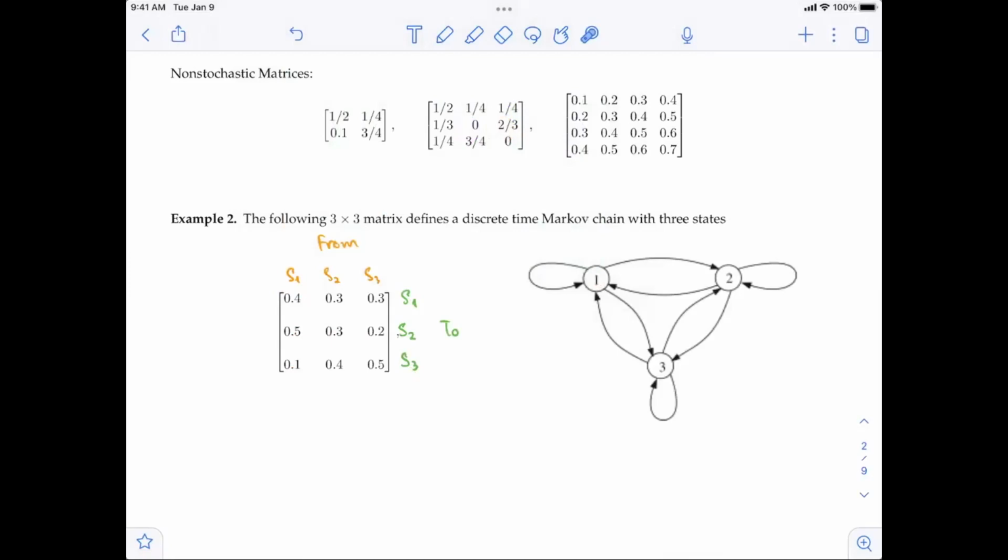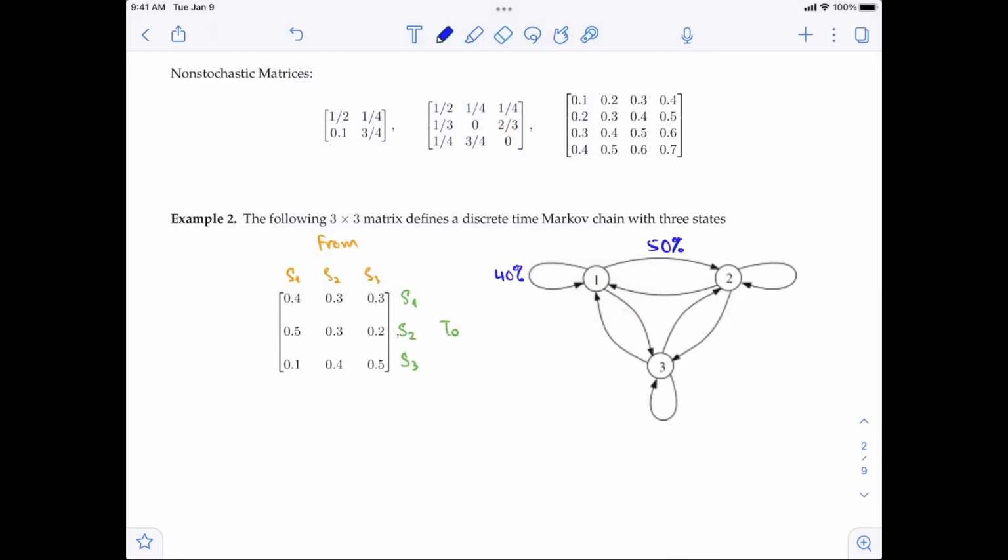Now we are going to map these numbers to the schematic. The member in state 1 remains in state 1, so there is 0.4, or 40%. The member in state 1 can switch to state 2, and there is a 50% chance that could happen. So 50%.